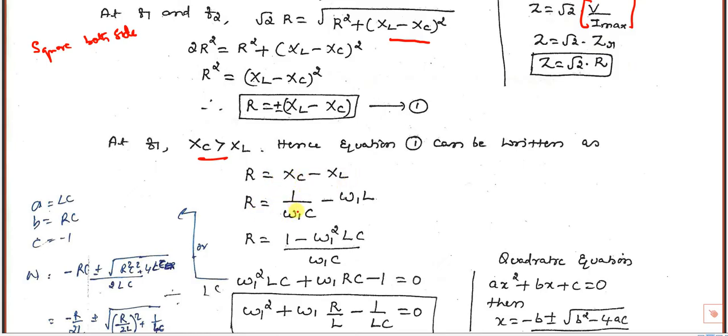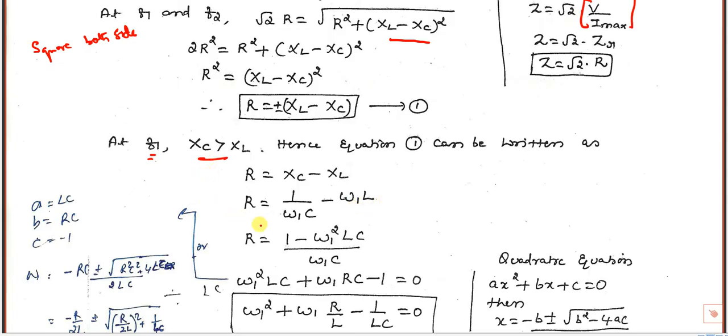XL is omega L and XC is 1 by omega C. Since we are talking about f1, the lower cutoff frequency, instead of omega you have to write omega 1, so we have 1 by omega 1 C and omega 1 L.